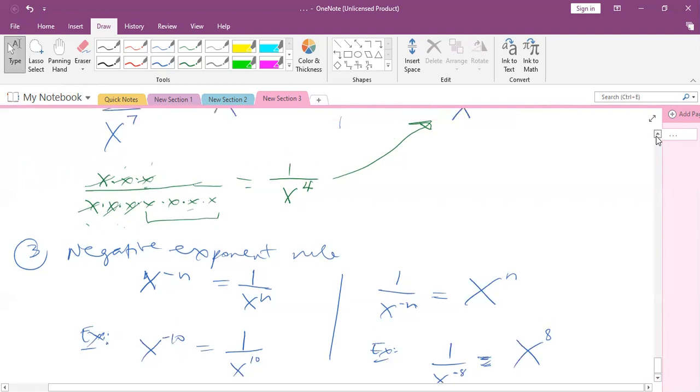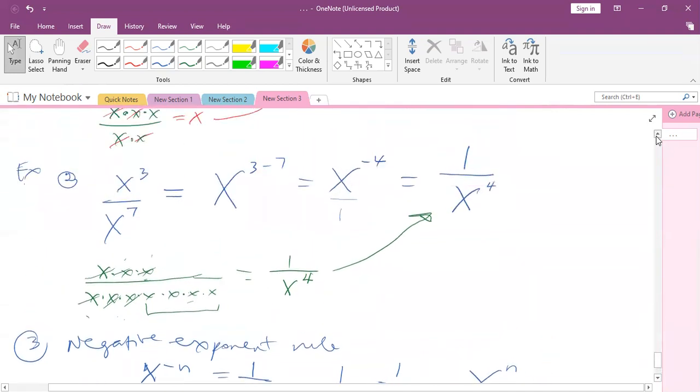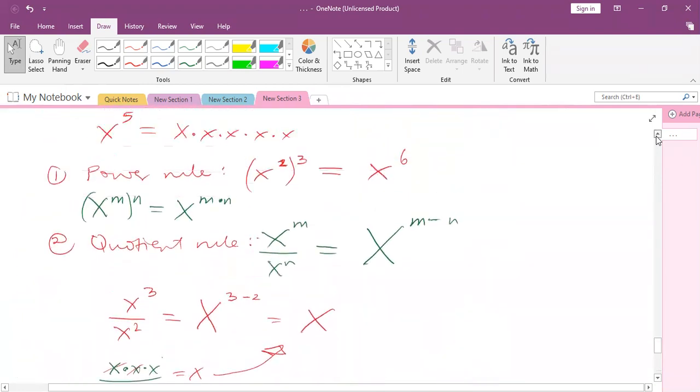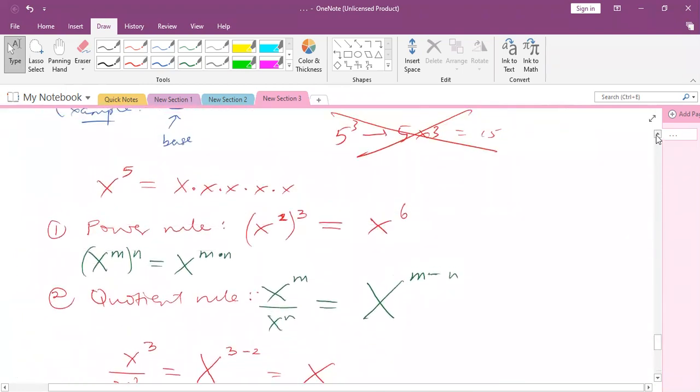I think I gave the wrong name for the first one here. I said this is the power rule. Actually, I have to change the name.